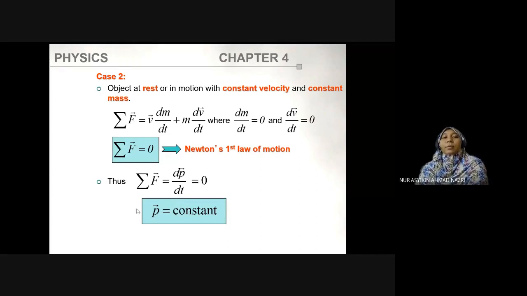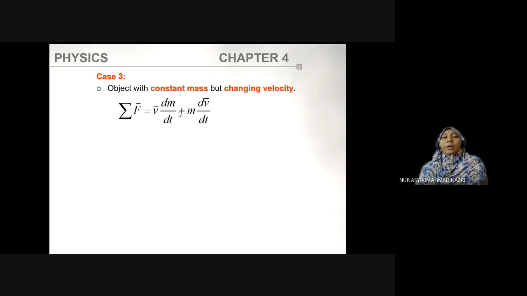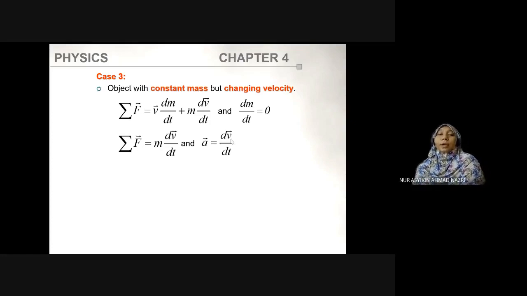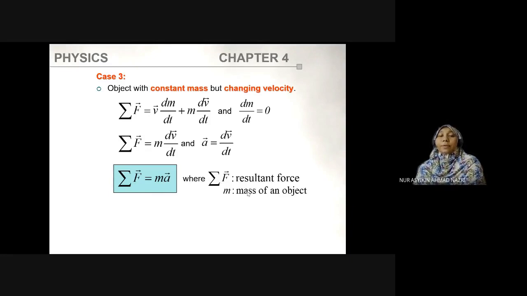When the momentum is constant. For the third case, the mass is static, so the change is equal to 0, and we only have change in velocity, which means it has an acceleration. Then we take net force equals mass times acceleration, where the net force is the resultant force, the effective force.